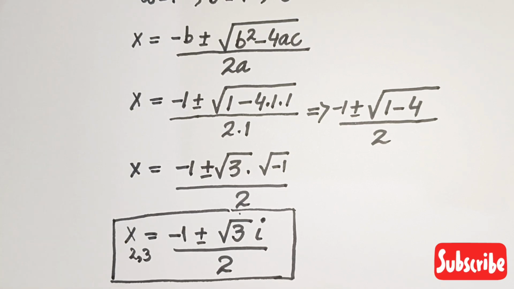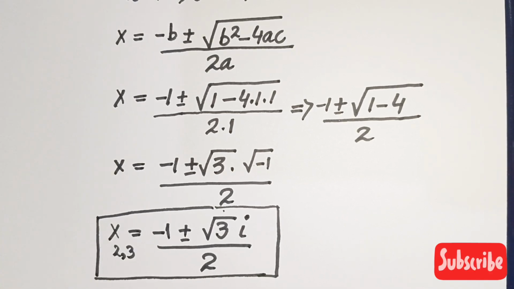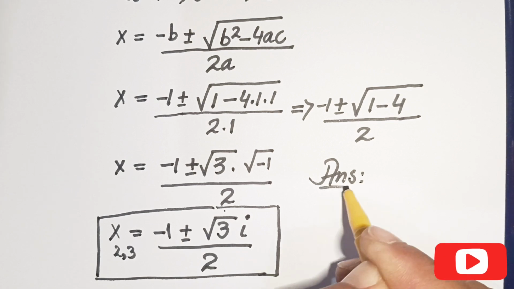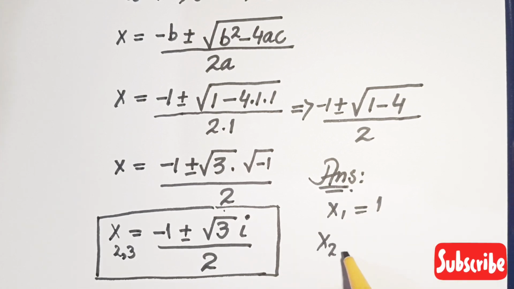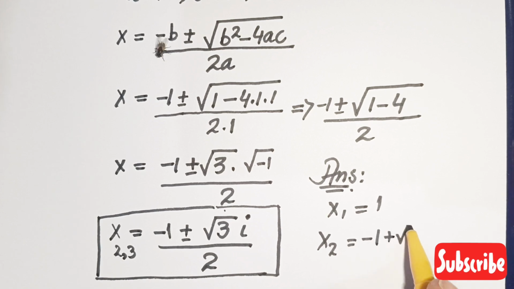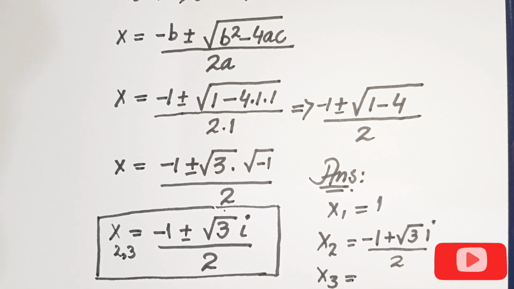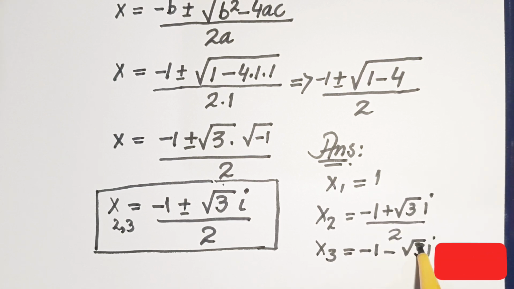So our final answer is that we have one root which is a real root. Now we are going to write that our answer is x1 is equal to 1. Here x2 is equal to minus 1 plus square root of 3i over 2, and x3 is equal to minus 1 minus square root of 3i over 2.